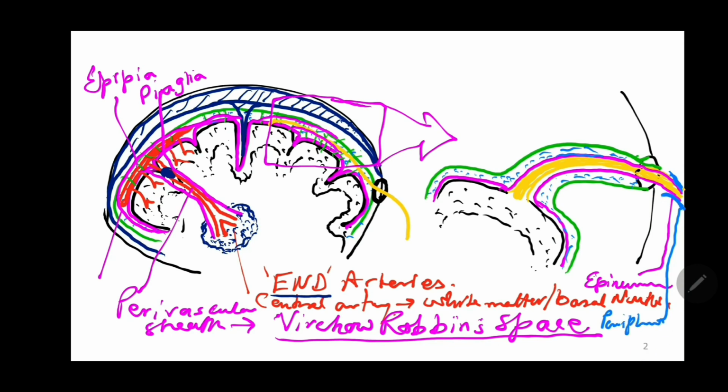There's less space, so you can understand what I'm talking about. Got it? So this is peripheral lymphatics. So CSF drains into the peripheral lymphatics outside the cranium. So this is one mode of drainage of CSF.